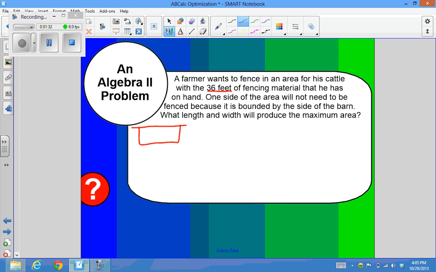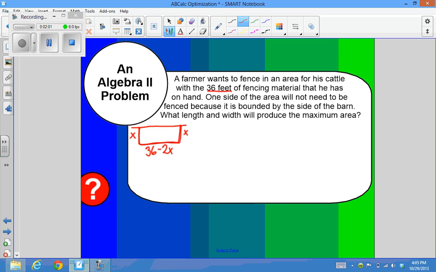Okay, well, to figure that out, we know that all 3 sides have got to add up to be 36. I just don't know what they are. But I know that if this side is x, this side is x, then this right here would be 36 minus 2x. And you've got to be sure that you understand that.